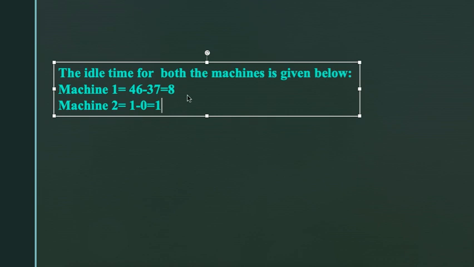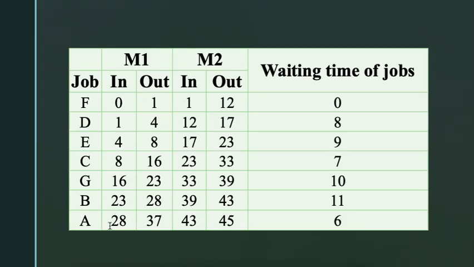Now the idle time for machine M1 is 8 hours, which we have calculated, right? If we see the last job here is A, it gets over at instant 37, after which the machine becomes free, right? There is no other job. The final processing on machine M2 gets over only at instant 45, right?